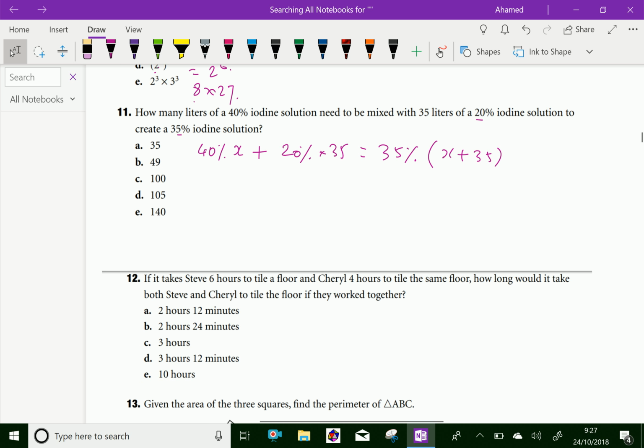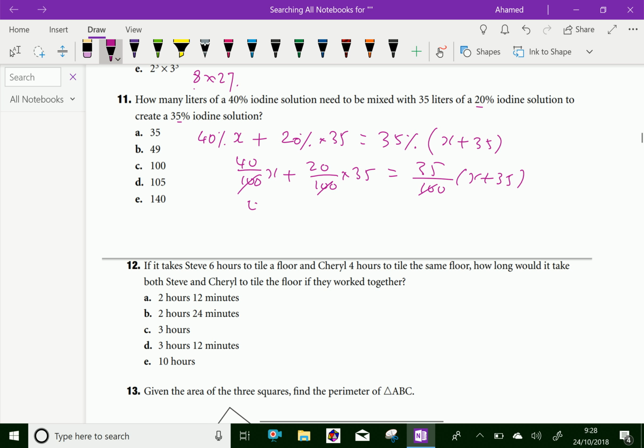So here 40% you can write as 40 over 100 x, 20% you can write as 20 over 100 into 35, equal to 35% which is 35 by 100 into x plus 35. Every 100 cancels here, so we have 40x plus 20 into 35 is 700, equal to 35 into x is 35x plus 35 into 35 is 1225.